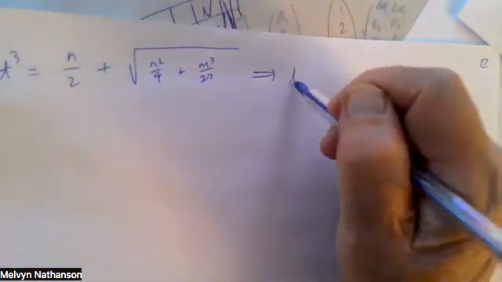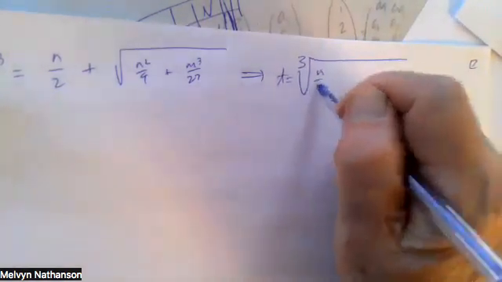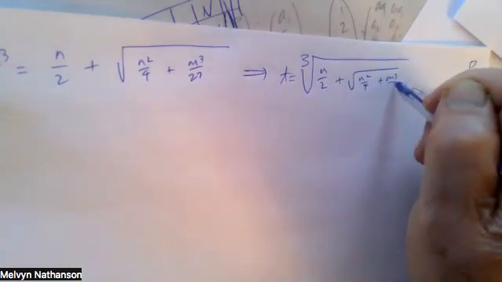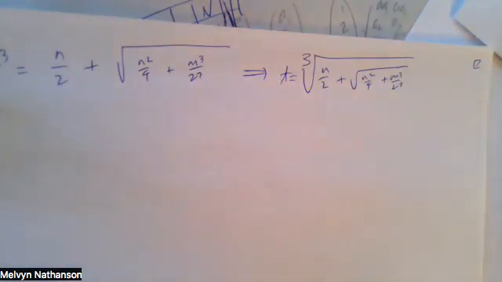So t is the cube root of that. This is a little messy expression, but it's certainly correct. t is the cube root of n over 2 plus the square root of n squared over 4 plus m cubed over 27. And that's what t is.